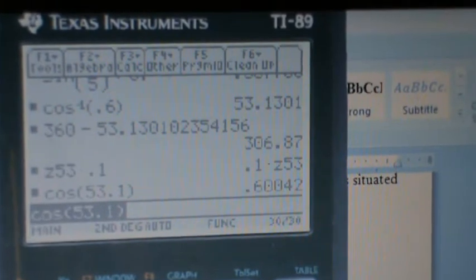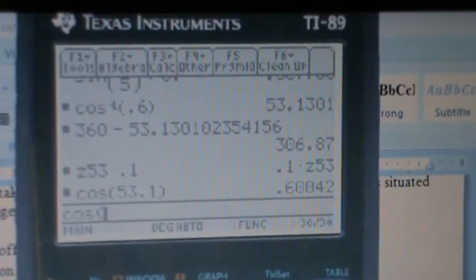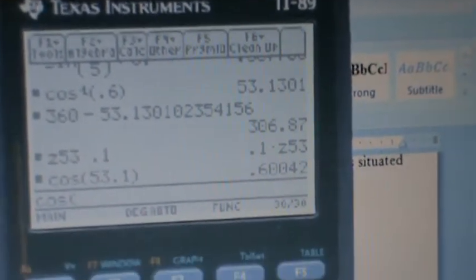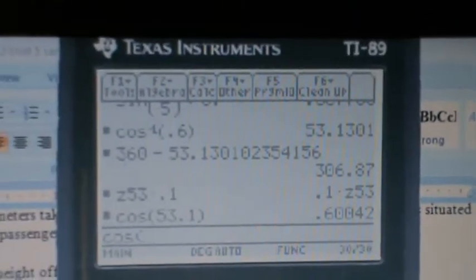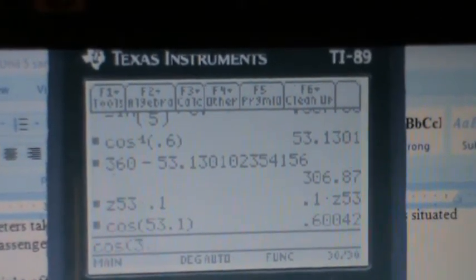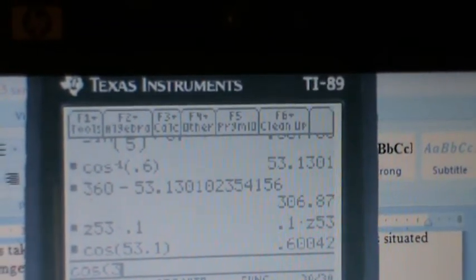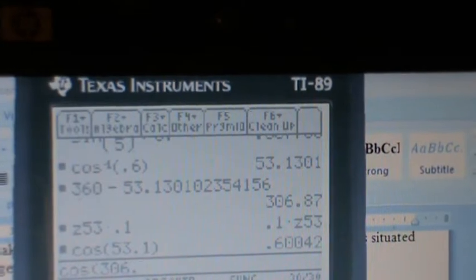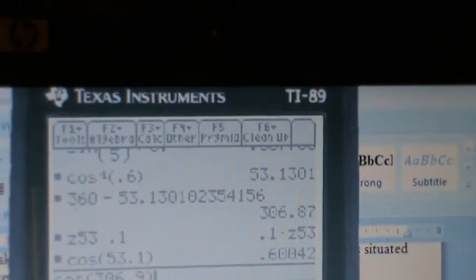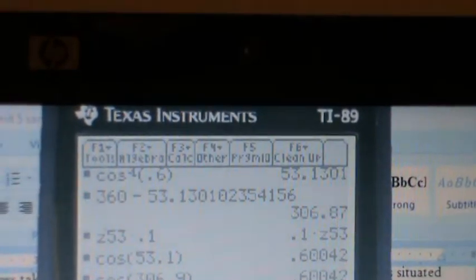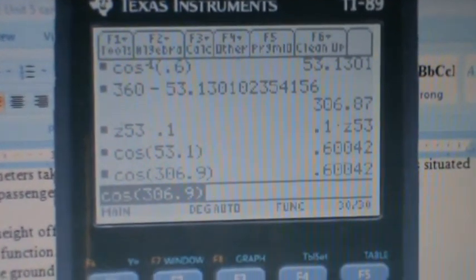And if I do cosine of 306.9, that is also going to be 0.6.